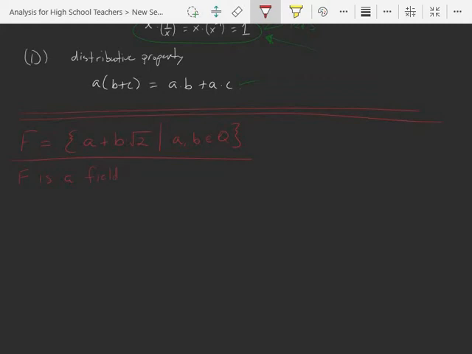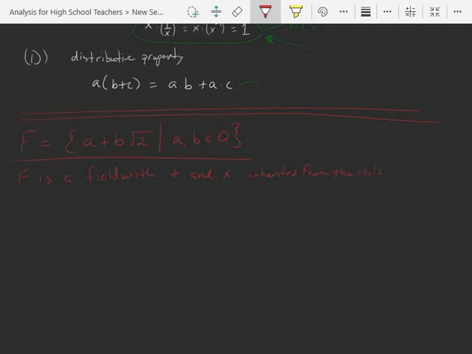For me to show that this is a field, I need to define addition, and I need to define multiplication. Well, these are real numbers that we're working with, so I can just use the addition and multiplication from the real numbers. However, just like the integers, I have to show that inverses are there and all that stuff. So, with addition and multiplication inherited from the reals.